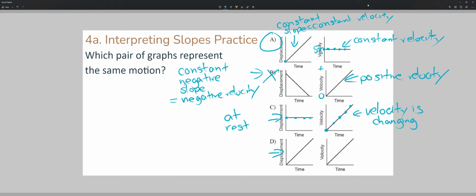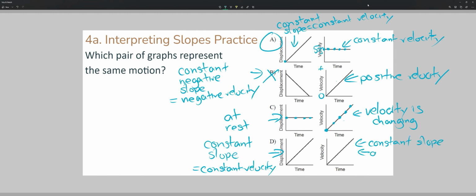D is saying pretty much you have a constant slope, which essentially means you have a constant velocity. But this VT graph on the other side is saying that you also have a constant slope, but a slope on a VT graph gives you acceleration.